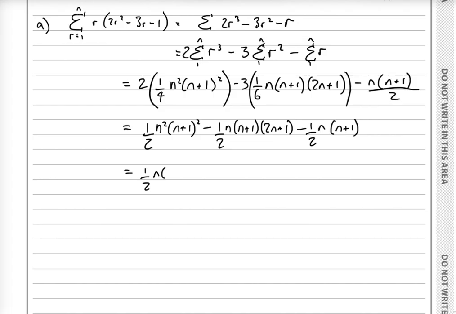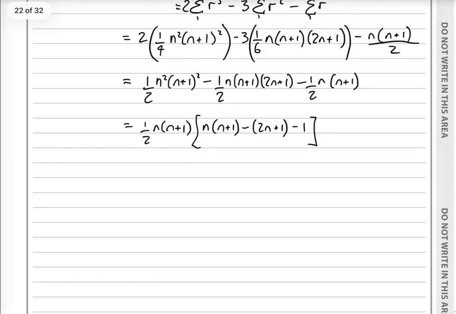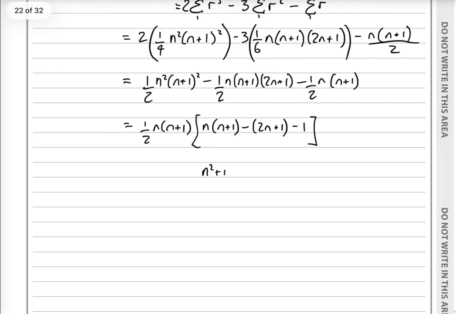(n plus 1), half n (n plus 1) is in each of these, so on the first one we get left with n plus 1. For the second one we get left with a 2n plus 1, and the third one just leaves us with a minus 1. Focusing on that bracket just for a second, we get n squared plus n minus 2n minus 1 minus 1, n squared minus n minus 2, which factorizes to (n minus 2)(n plus 1).